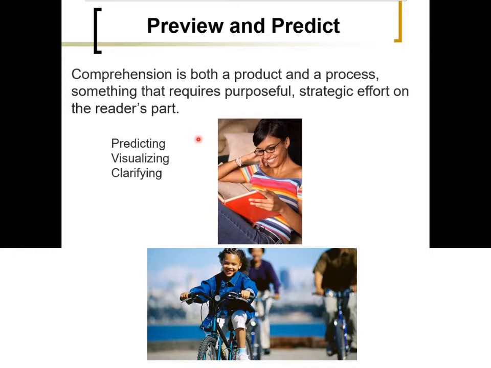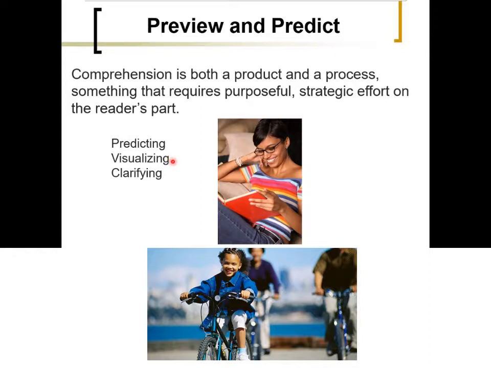Comprehension is both a product and a process, something that requires purposeful strategic effort on the reader's part. When you read and try to comprehend the content, you are actually predicting, visualizing, and clarifying. When you predict, you guess what the text is all about.